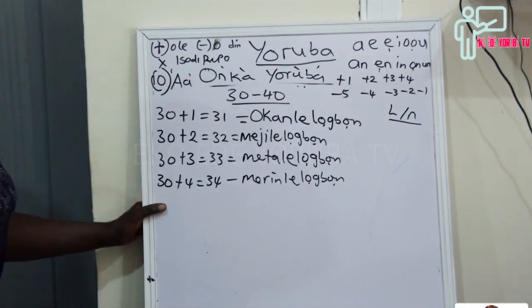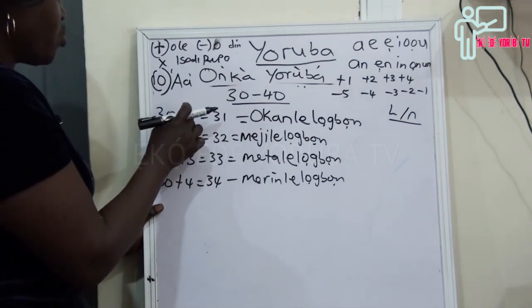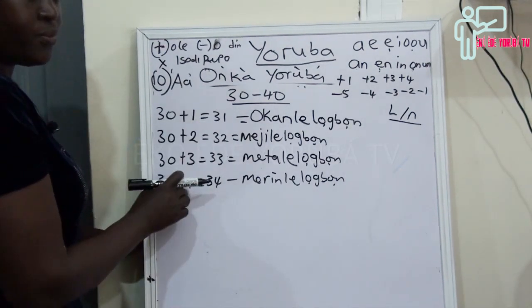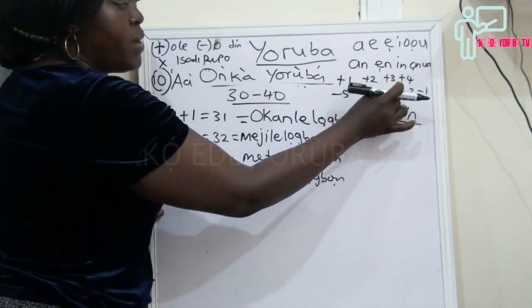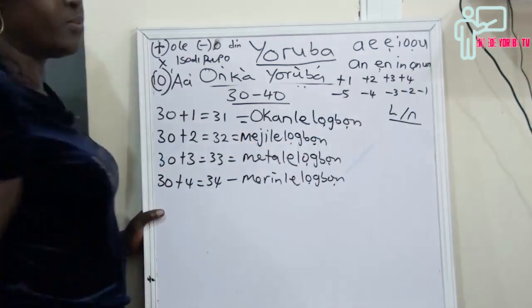So now you know that plus 1, plus 2, plus 3, plus 4. So we now go for minus 5, minus 4, minus 3, minus 2, minus 1.